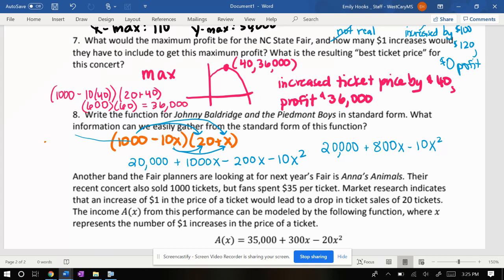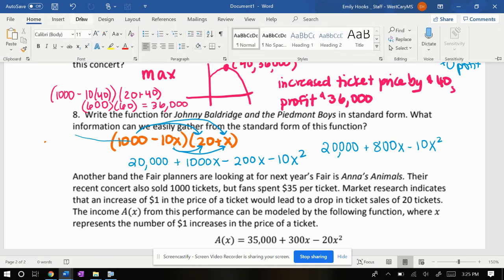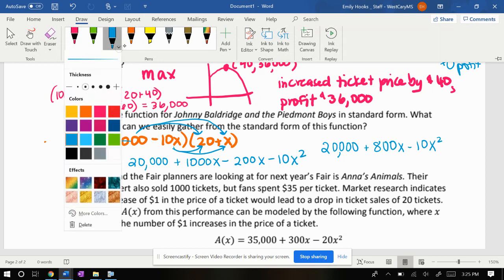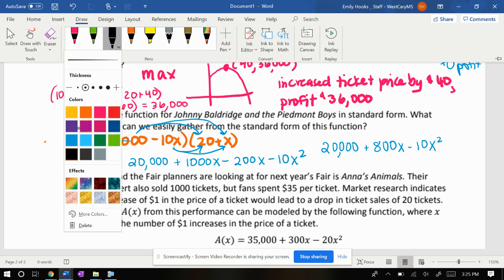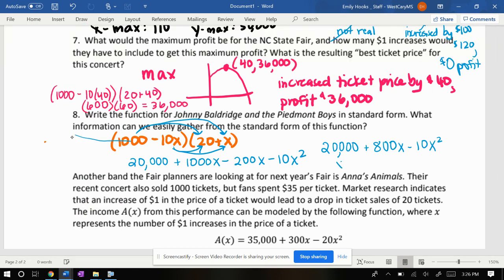There are 2 things that you can gather when you're looking at standard form, and these are the 2 easiest things that you can see. Let me change this to black. I'm going to change the order of this to be in correct standard form. Here are some things that it can show us.